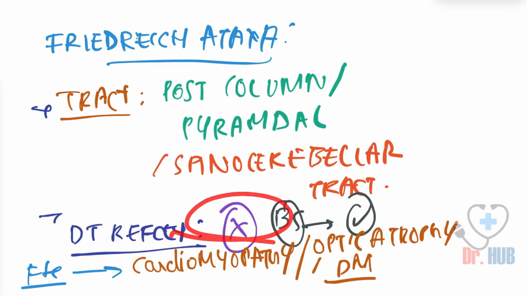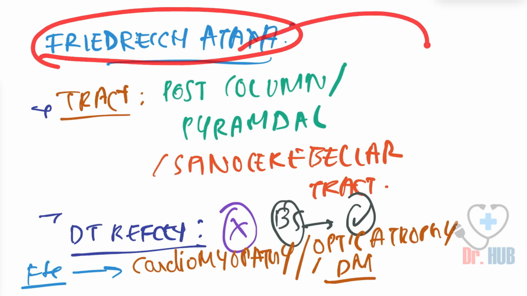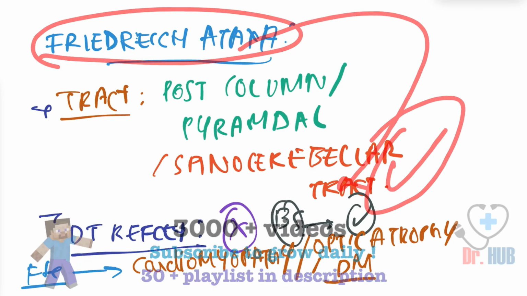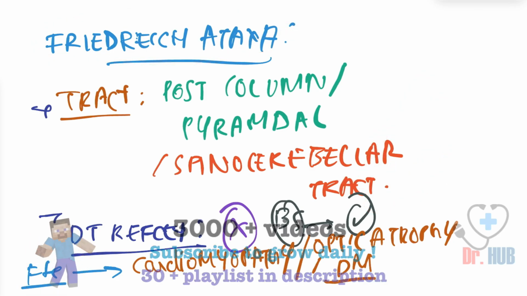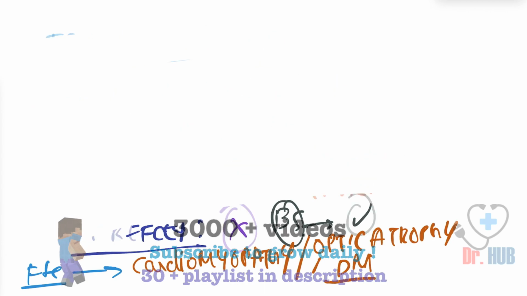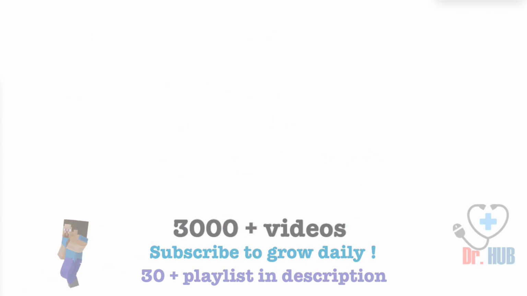It is totally absent. The Babinski sign in Friedreich ataxia is present. And the features include cardiomyopathy, optic atrophy as well as DM, that is diabetes mellitus. Next we'll move on to the tabes dorsalis.